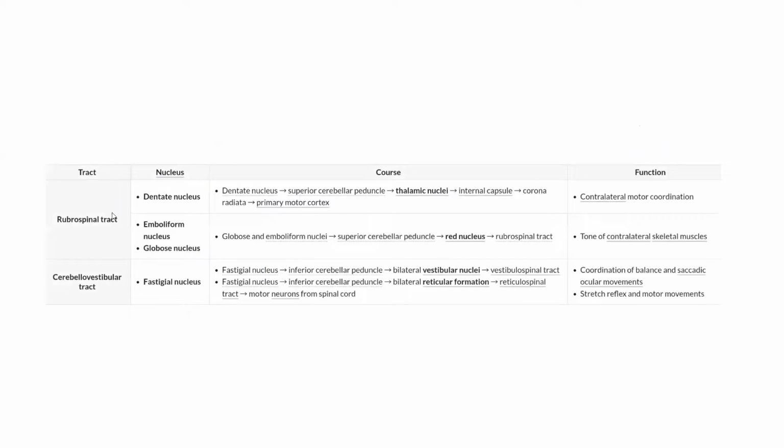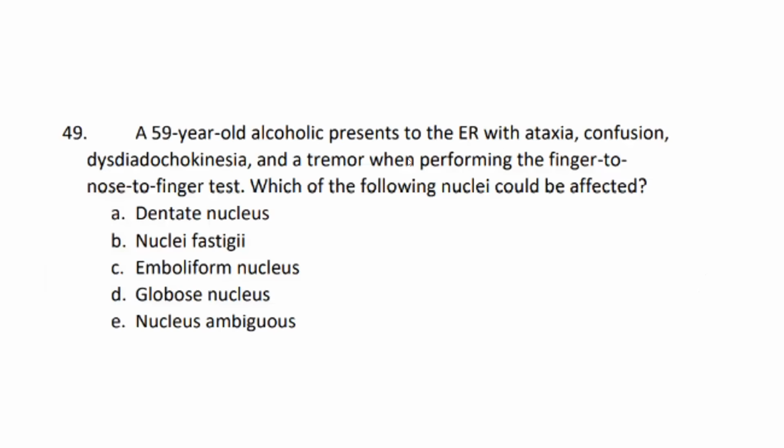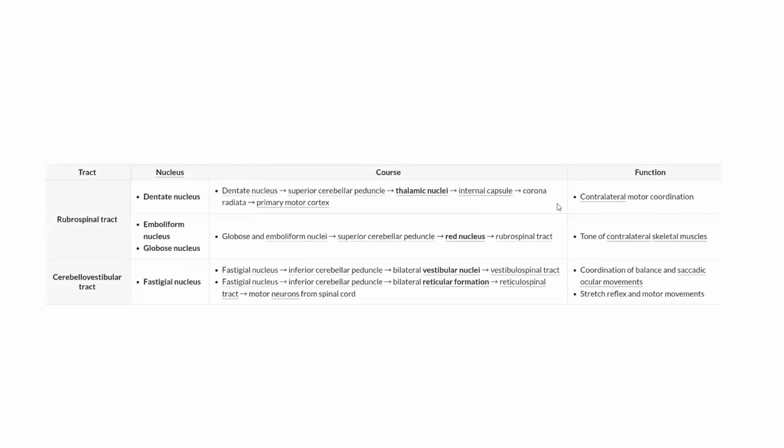And this table goes into the tracts of the cerebellum that I nicked from Ambos. And as you can see here, we have the vestibular nucleus, which is from the cerebellovestibular tract. And what it does is it coordinates balance and saccadic ocular movements, or stretch reflex and motor movements. Which is basically, in short, these tests that we're doing, right?